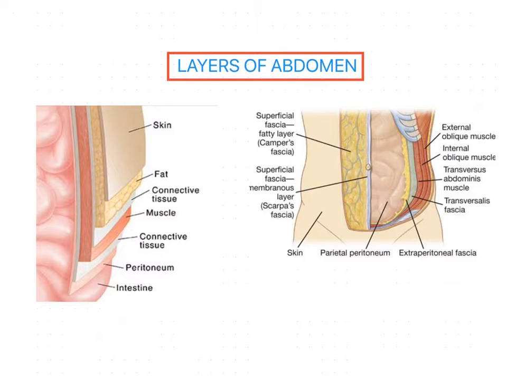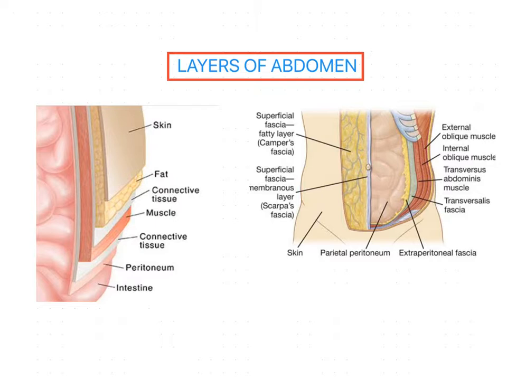If you see the anterior abdominal wall, we have seen many layers, isn't it? We have seen the layers in the anterior abdominal wall itself. The remaining, we still have so many layers inside, in the placement of visceral organs also.